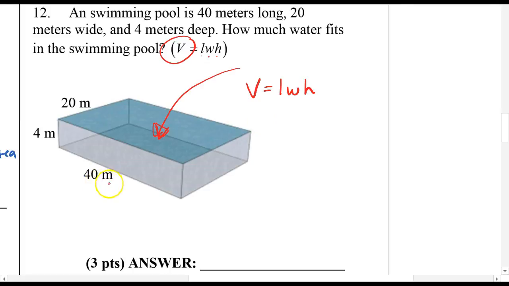The length here could be 40. The width is 20. And the height is 4. Okay, so I'll do length 40 times width 20 times the height, which is 4.